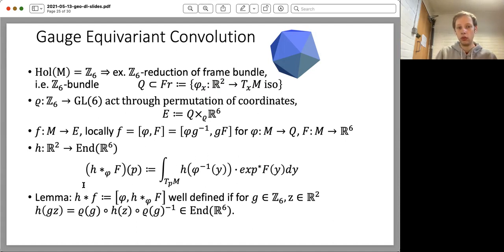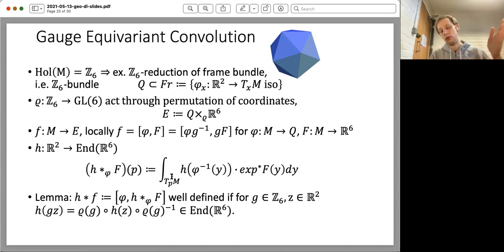Now that we have that, we can write down the following convolution: h star little f is phi comma the convolution with capital F that I said before. But you see on the left-hand side, this h star little f, I don't have any dependence on phi anymore. For this to really be independent of phi, I must ask for some transformation law to hold.